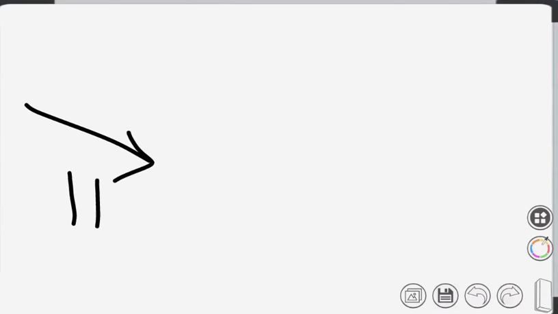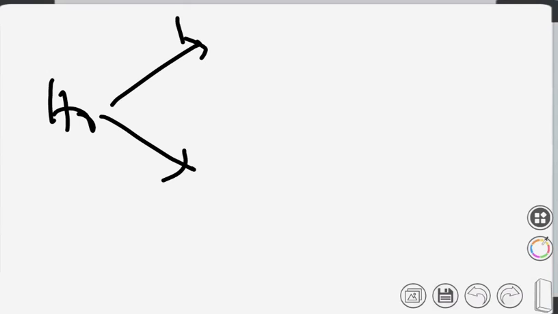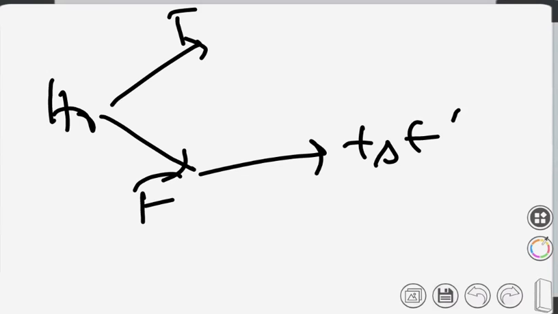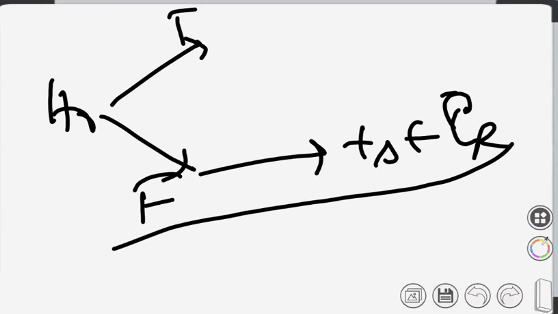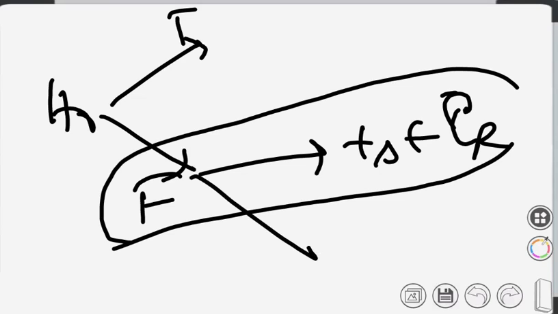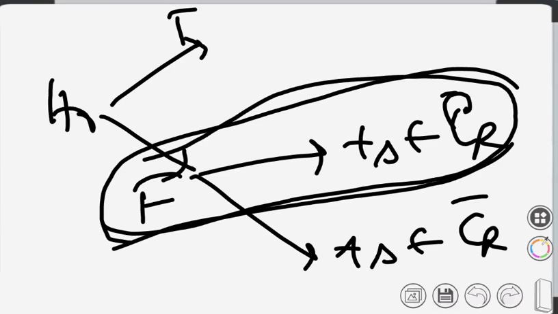When the null hypothesis is false, H0 is false, I am not going to the true part but to the false side, and TS belongs to CR, sorry, TS belongs to CR. That means you are rejecting the null hypothesis when it is false.